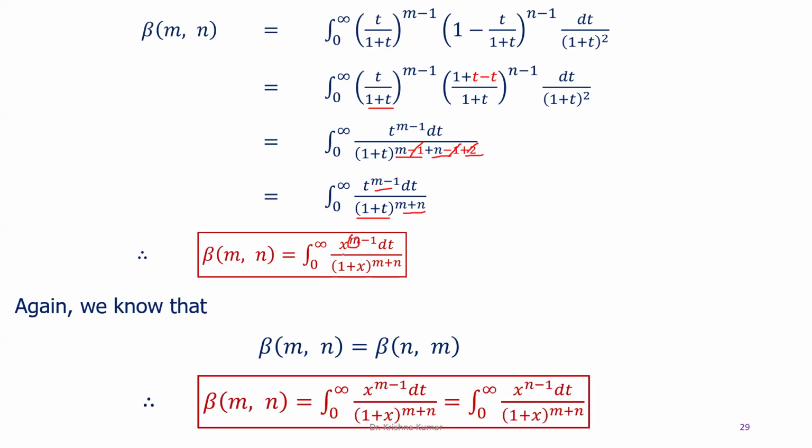So now we are able to write this as beta of m,n equal to integration of x to the power n minus 1 upon (1 plus x) to the power m plus n under the limit 0 to infinity. So this is true for m and n both.